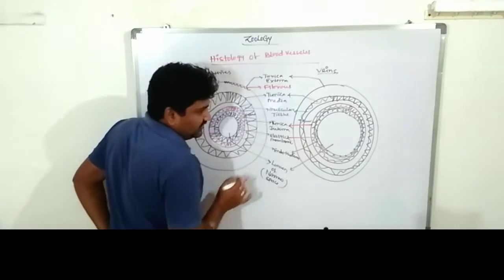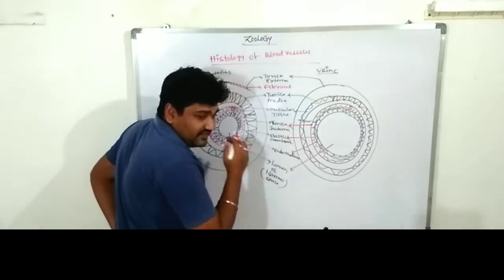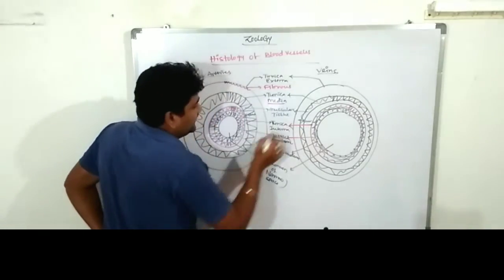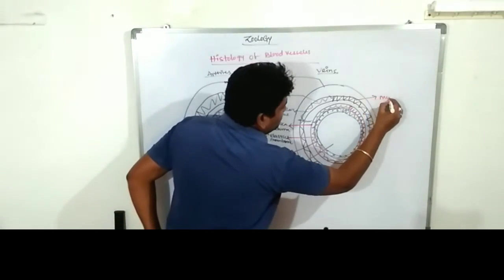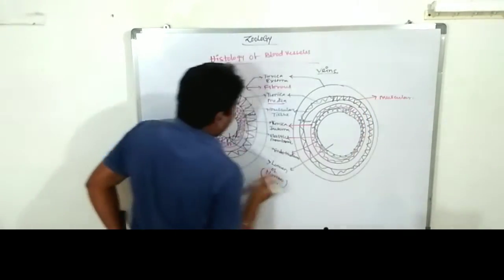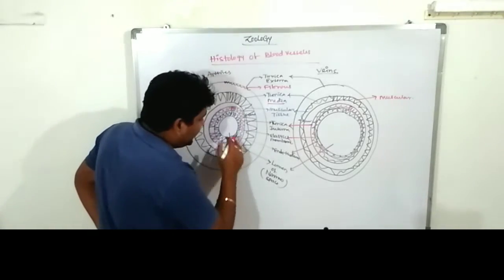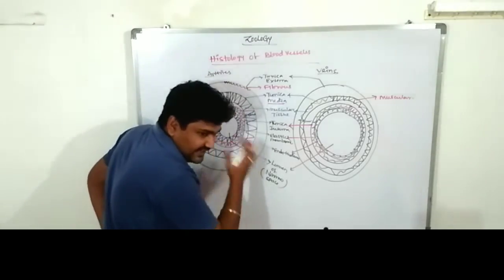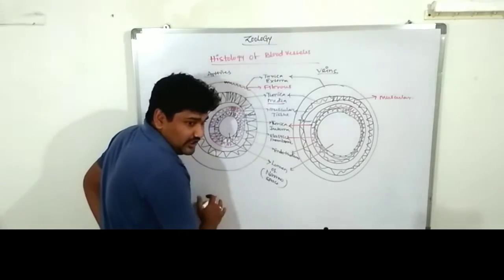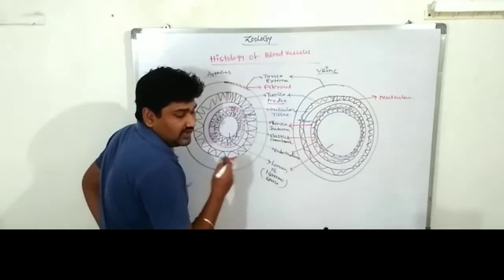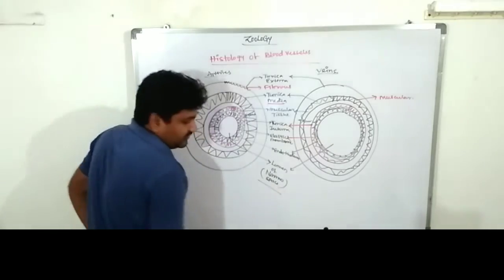The second layer of the blood vessel is known as the tunica media. It is made up of a muscular layer. The third layer is known as the tunica interna. It is made up of two different types of layers: elastic membrane and endothelial membrane. The endothelial membrane has a cavity. The cavity is known as the lumen of the blood vessel.